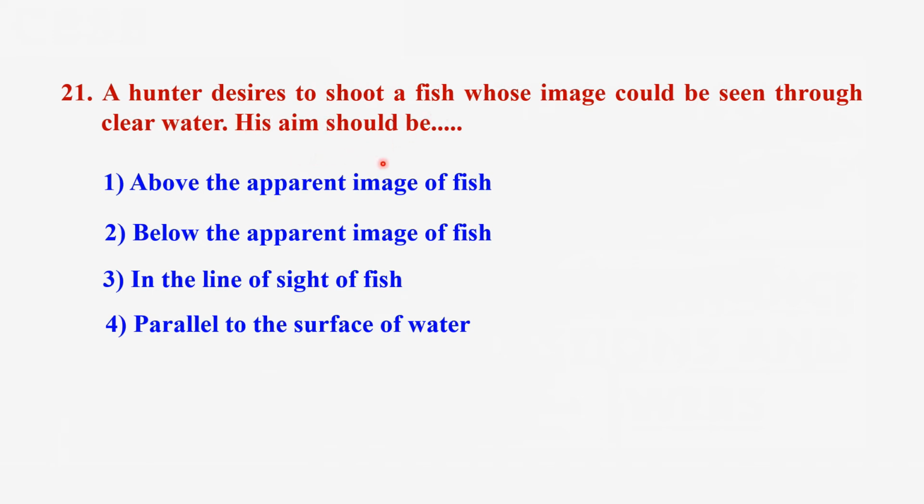So what is his aim? His aim should be below the apparent image of the fish. Then he shoots the fish. Okay.